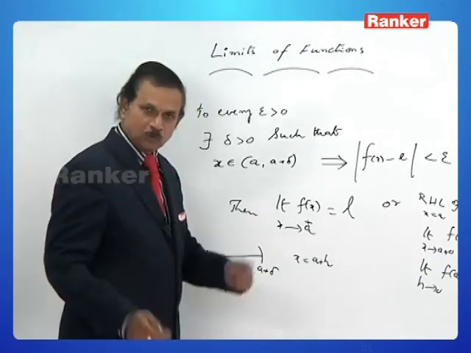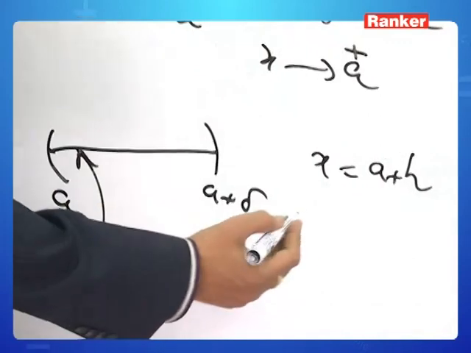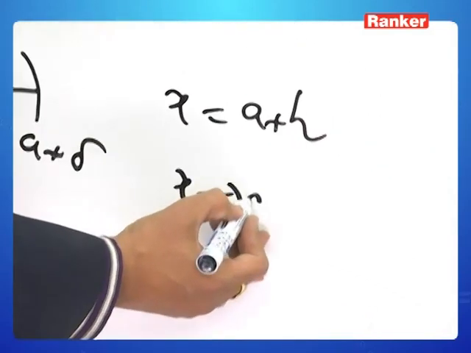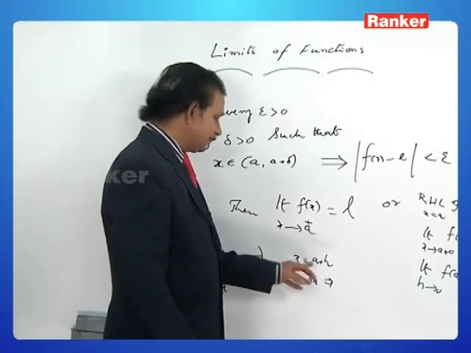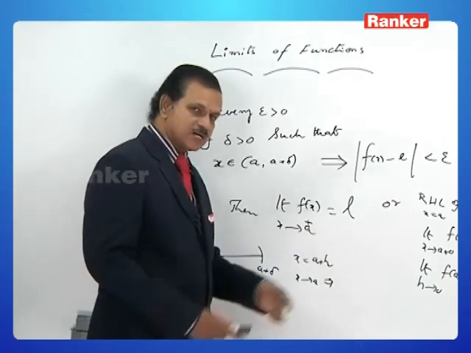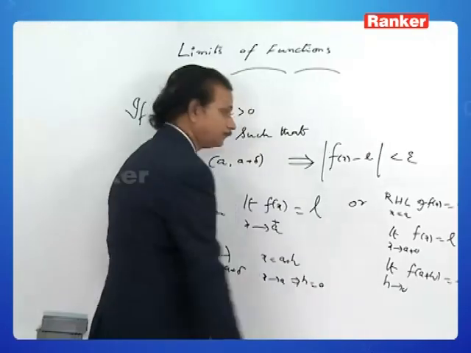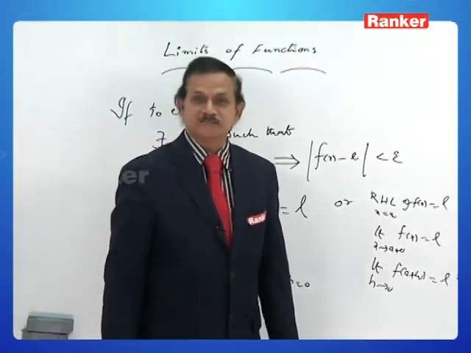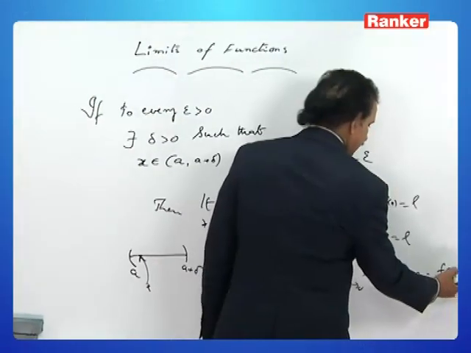So, as before, in the place of x we write a plus h, and x tends to a. What does it mean? A plus h tends to a, that is, h tends to 0. And there is another brief way of expressing it like this.